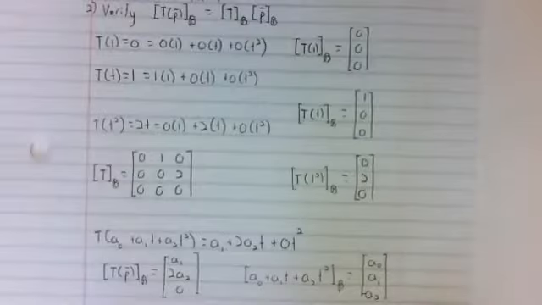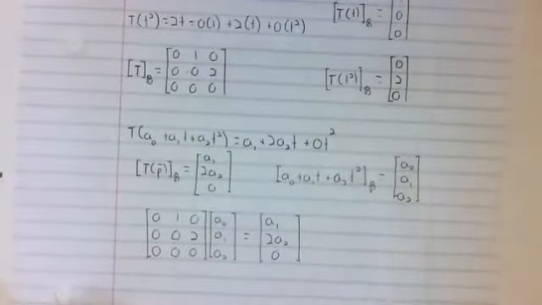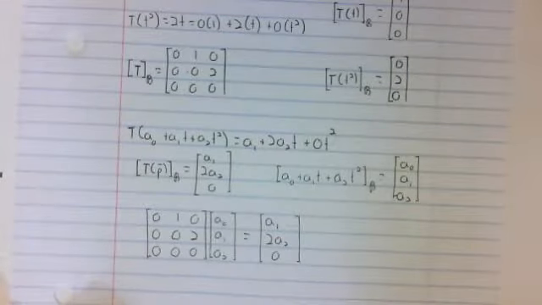Let's consider the implications of this. We have seen that any linear transformation from Rn to Rm can be thought of as a matrix multiplication, a matrix times a vector.